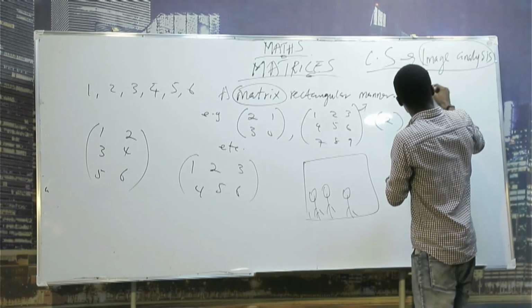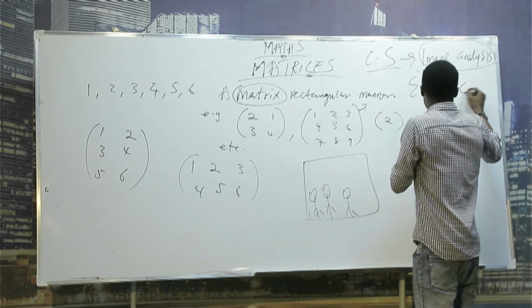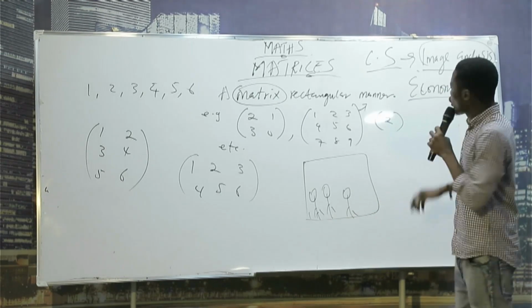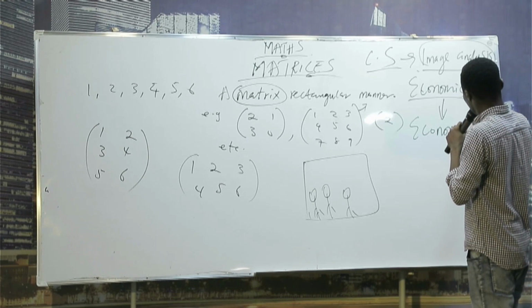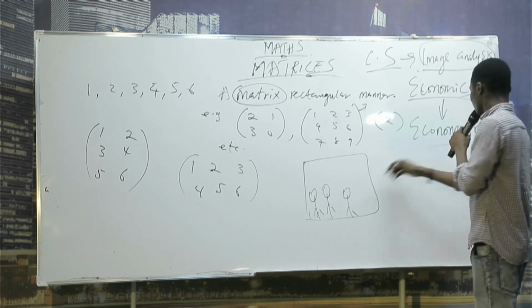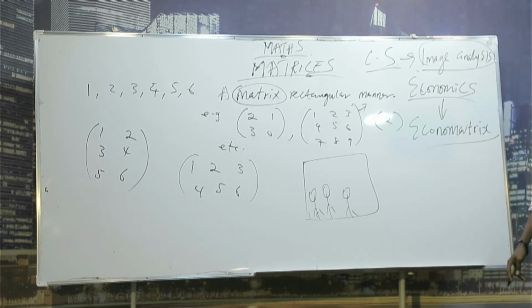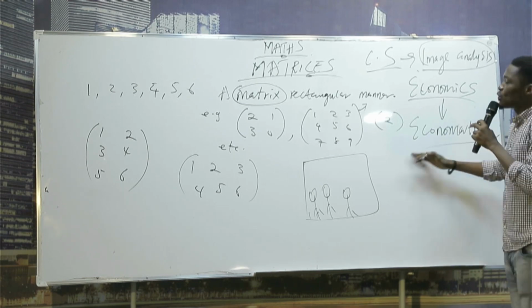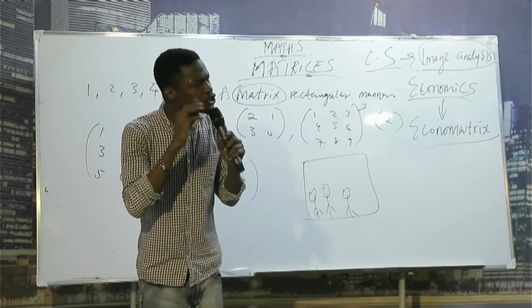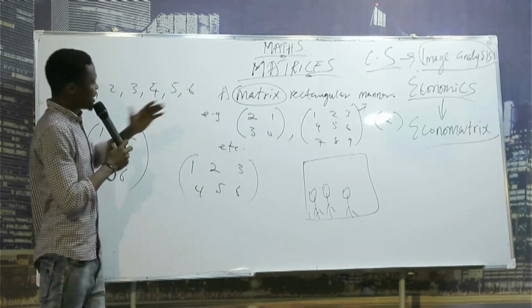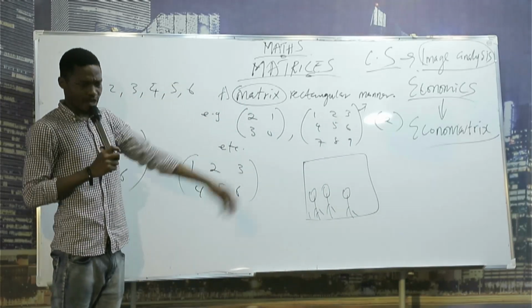You want to go and do economics, no problem. As an economics student, you are going to do econometrics, which is a course. And in there, you are going to be analyzing what? Matrices, and so on. There are so many applications of matrices, and as we move on, we are going to be seeing them.